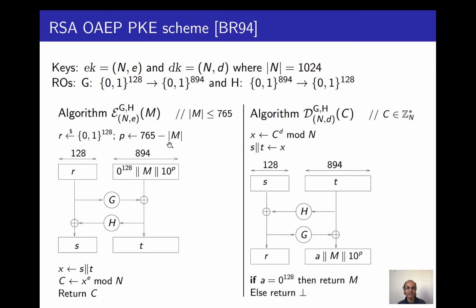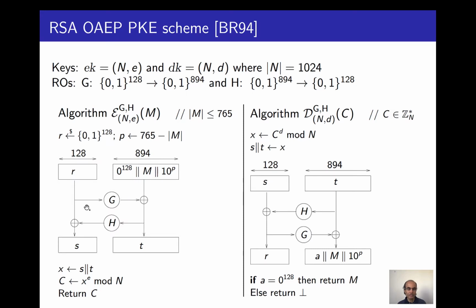And it's effectively how much short of the maximum length is our actual message. Now take the 128-bit seed from here and concatenate it with this string, which is a bunch of zeros followed by the message, followed by some padding, enough to bring the length of everything to 894.